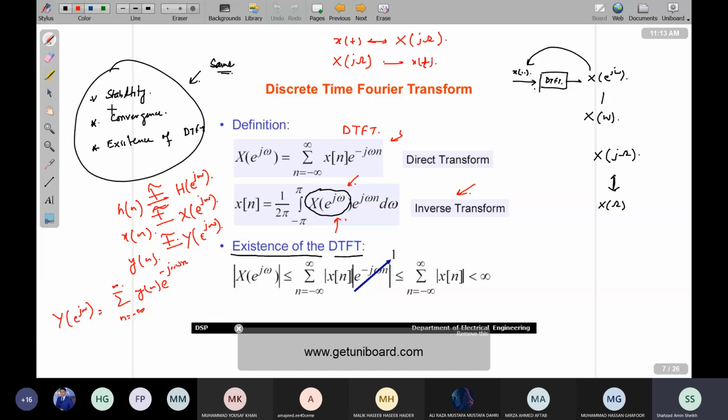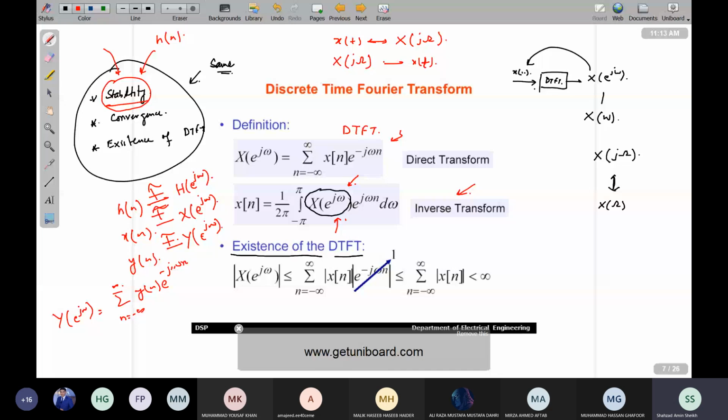And when we talk in the context of systems, that is when we are talking about h of n, in that case if this same DTFT or Fourier transform exists, then we say that our system is stable. So it's the same thing whether it is stability, convergence of DTFT, or existence of DTFT, the conditions will be the same.